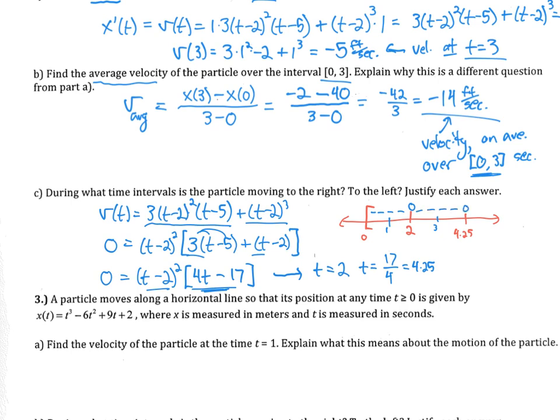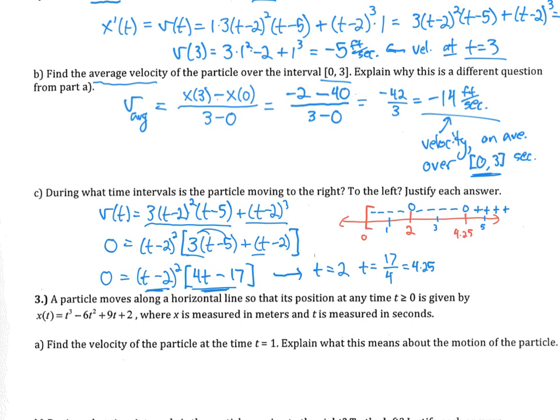Velocity is 0 at 4.25. And if we plug in one more test point into our velocity, let's say 5. 5 minus 2 is positive, squared is positive. Then 4 times 5 is 20, minus 17 is positive. So the velocity is positive on that time interval.